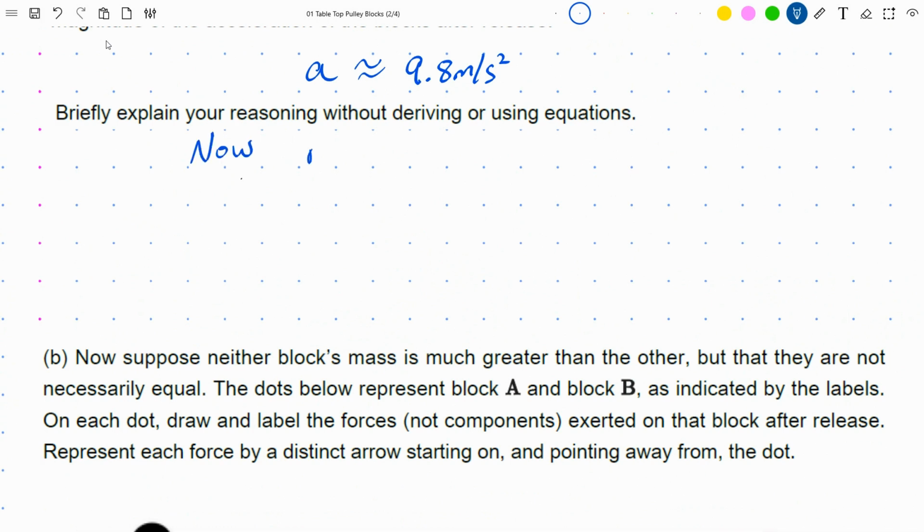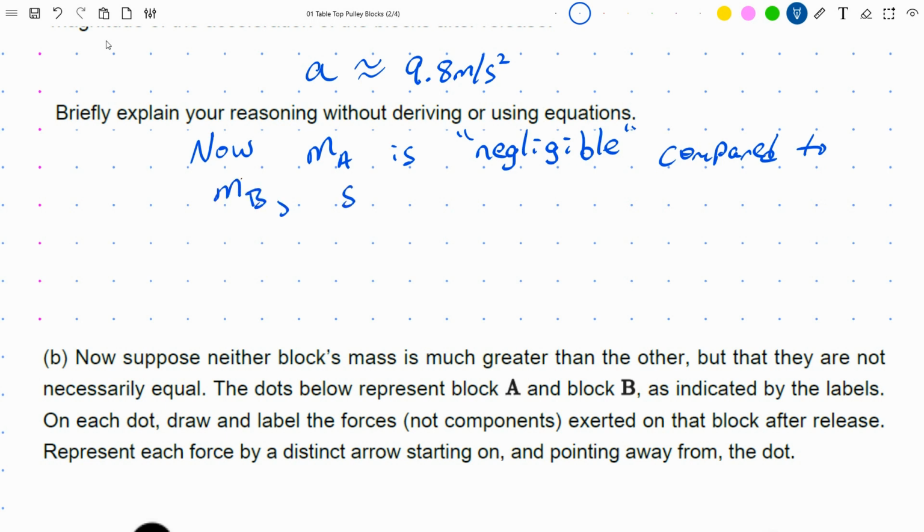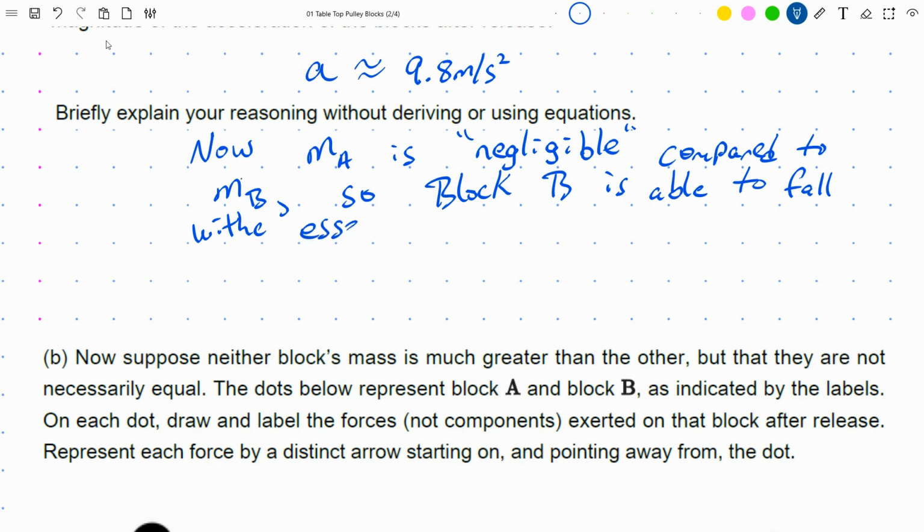Now the mass of block A is negligible compared to the mass of B. So block B is able to fall with essentially no impact from the presence of block A.